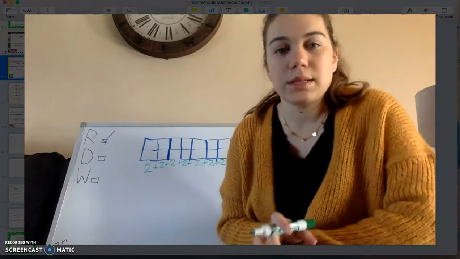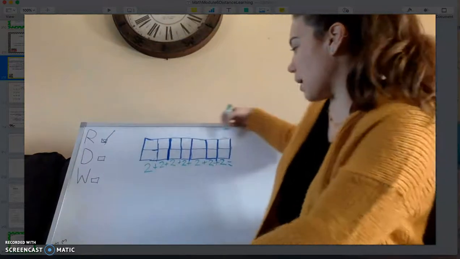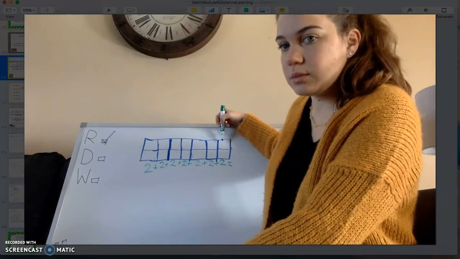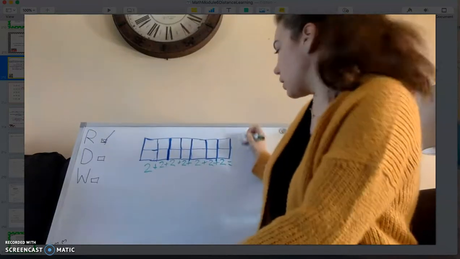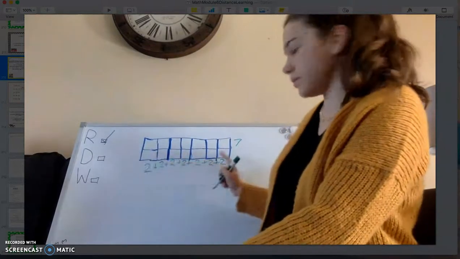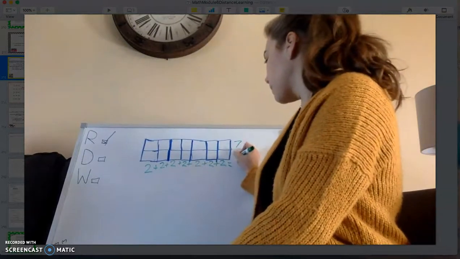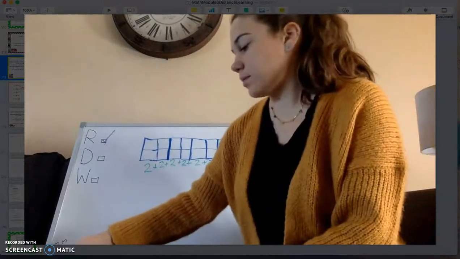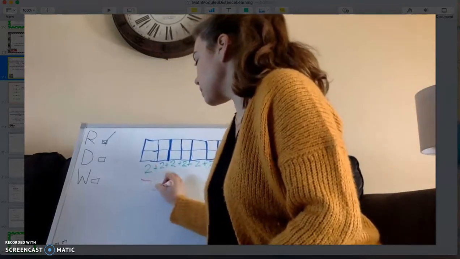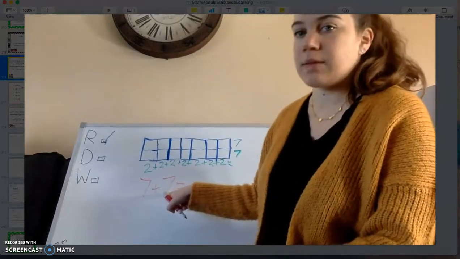Or, since we're working with doubles today, we can do it a different way. We can do it by our rows. How many are in this row? Good, there are 7 students in this row. How many are in this row? Good, 7. So now we can write 7 plus 7, because there's 2 groups of 7.